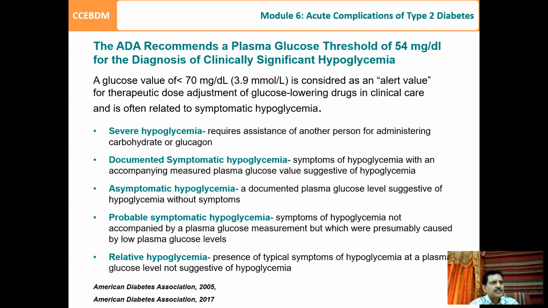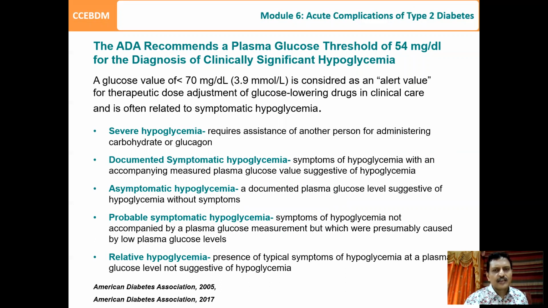Now, the American Diabetes Association has given different definitions of hypoglycemia. Now, what is severe hypoglycemia? What is mild hypoglycemia? You can see that hypoglycemia which requires the assistance of somebody else to correct is severe hypoglycemia.